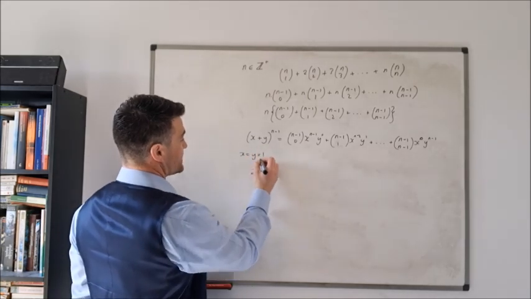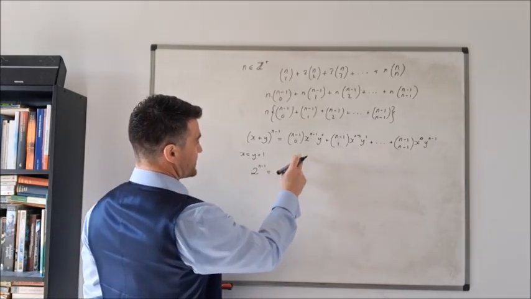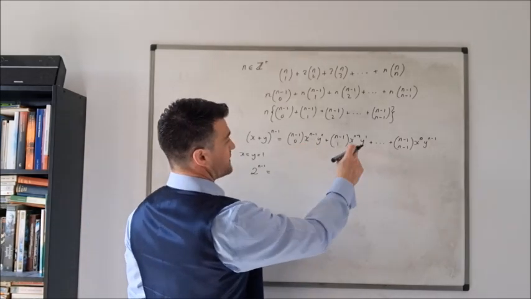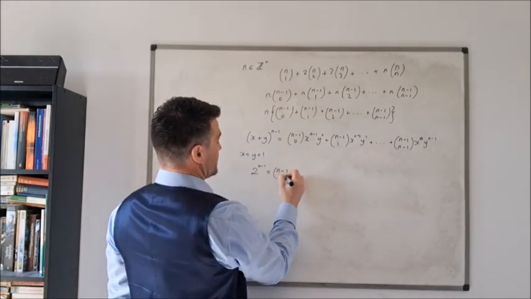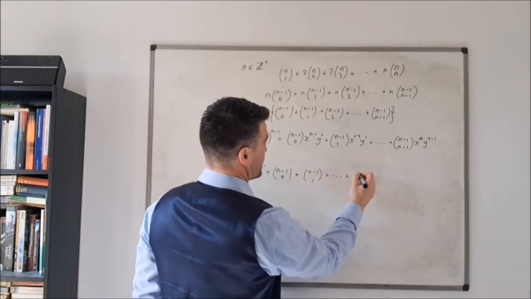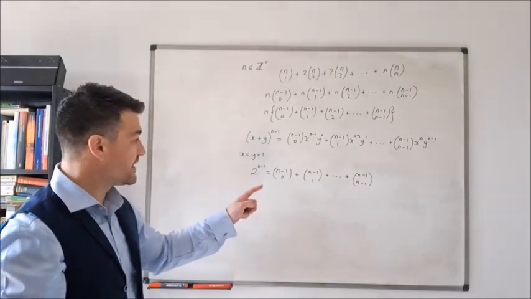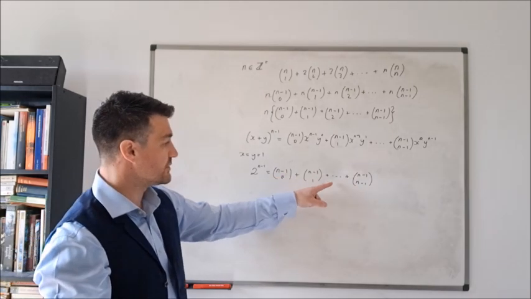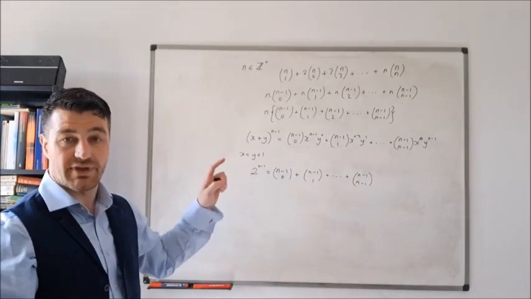Then we get 2 to the power of n minus 1 is equal to, well, all of these are going to be 1, so what I'm going to get is the sum of the binomial coefficients. In other words, (n minus 1 choose 0) plus (n minus 1 choose 1) plus and so on, up to (n minus 1 choose n minus 1), is equal to 2 to the power of n minus 1.